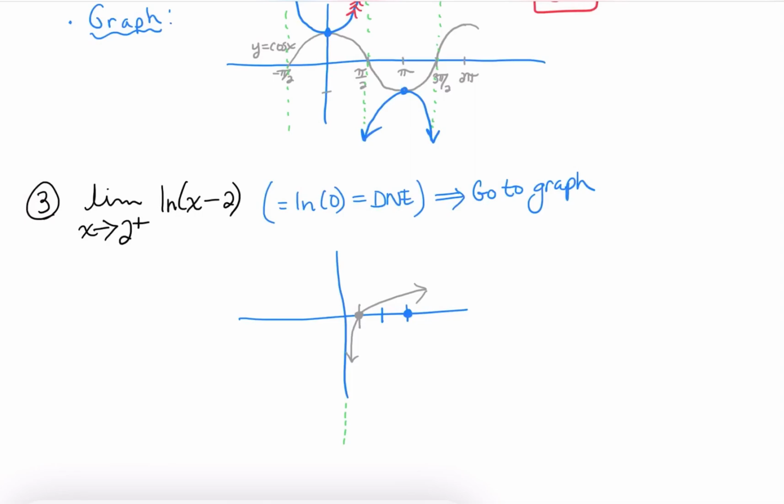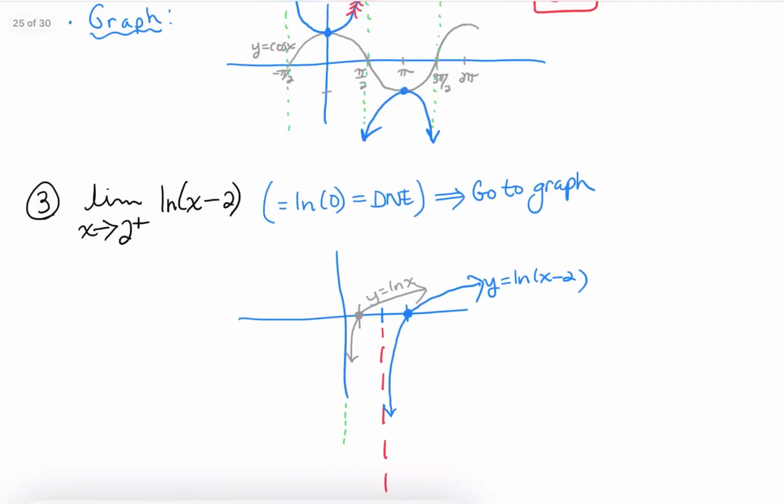So my vertical asymptote has now gone right 2 as well. And it's the same basic shape on this graph. So this is our graph of the natural log of x minus 2. Let me just label the lighter one in gray. This was natural log of x.